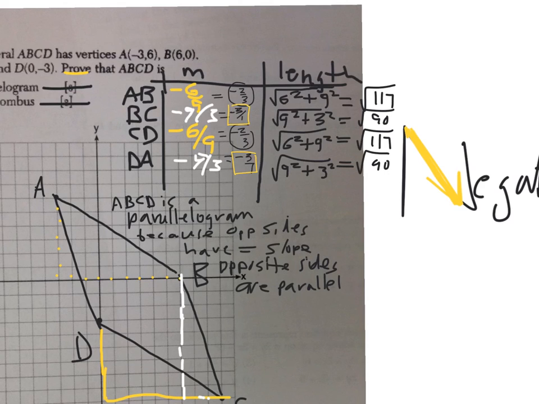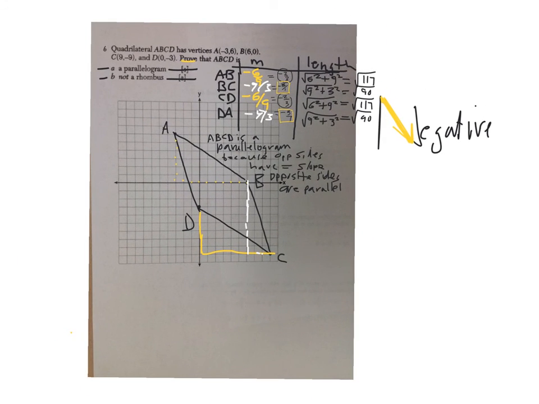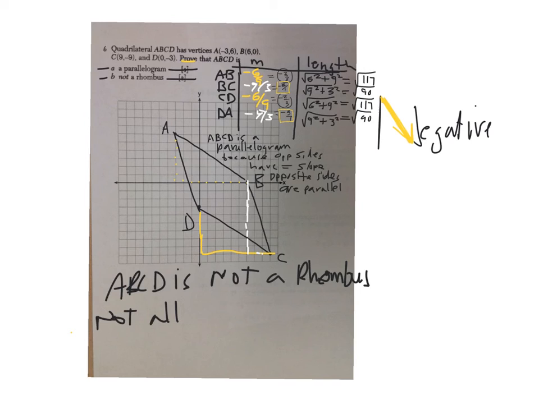My work's not done. I need to actually write a sentence explaining what I've figured out. So ABCD is not a rhombus. The reason I know this is because not all sides are equal in length.